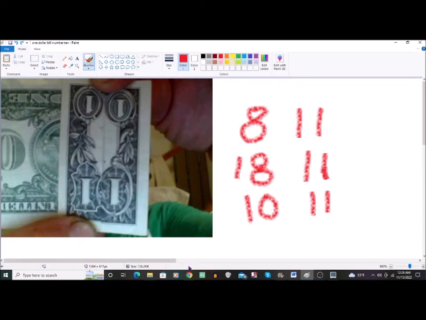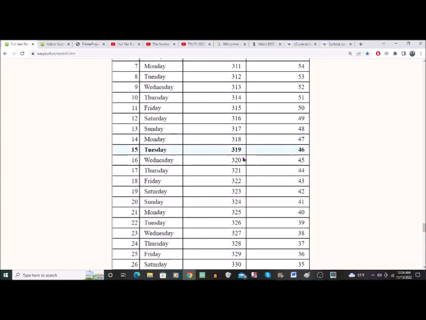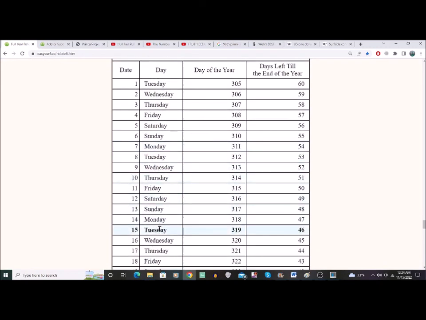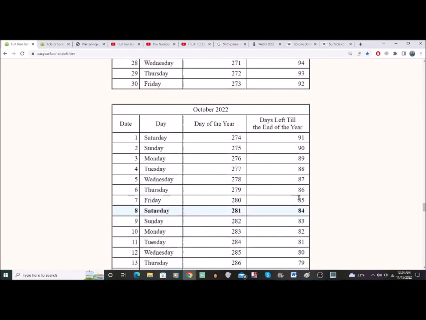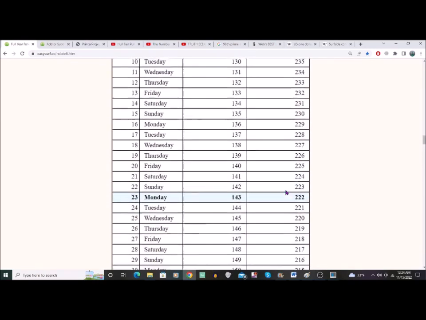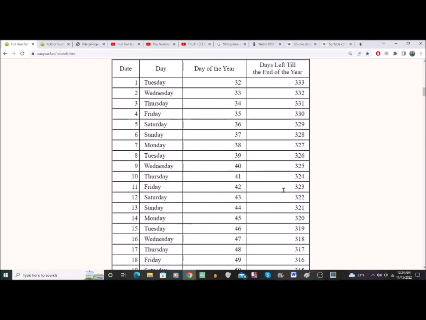One more thing to mention about the 15th. November the 15th is the 46th day of the year. If we go from the other way, let's go to 46. I think there's another thing I forgot about the 46th there.